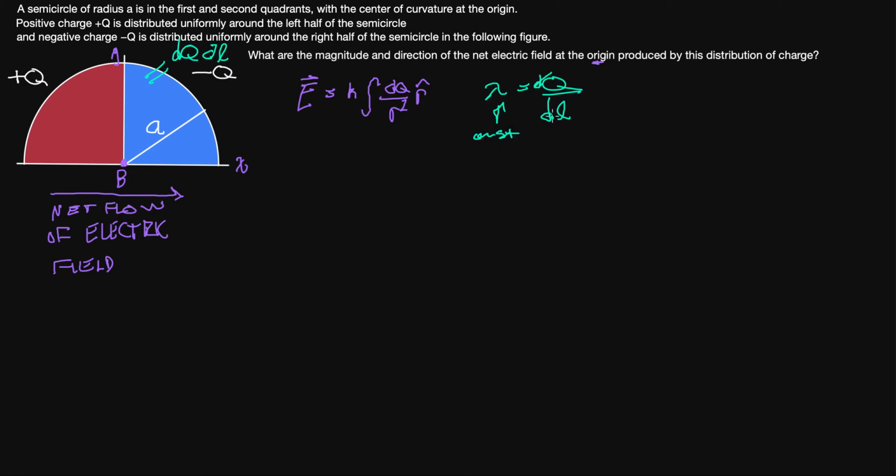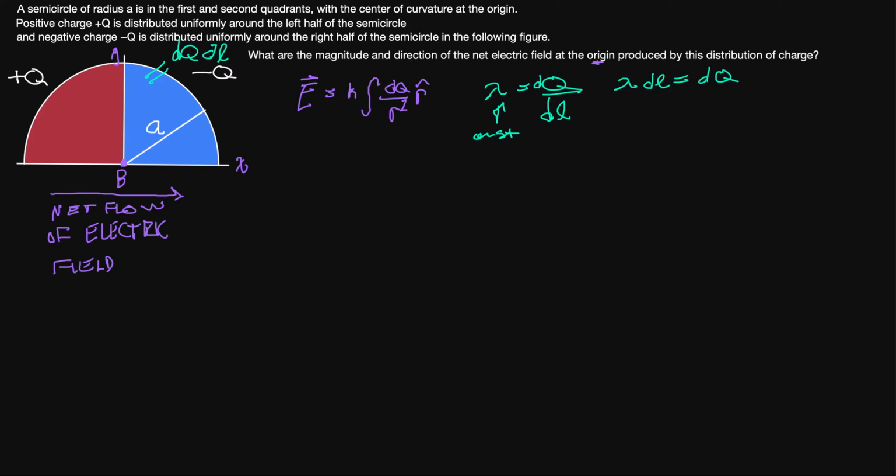Because these d's will just cancel. If you've taken calculus, you will know that. And so this is how we can think of our dq, and then if we isolate for dq, because we want to be able to sub in, we can write lambda dl equals dq. Okay, and so that's our equation there, and then we can sub that in to here now.